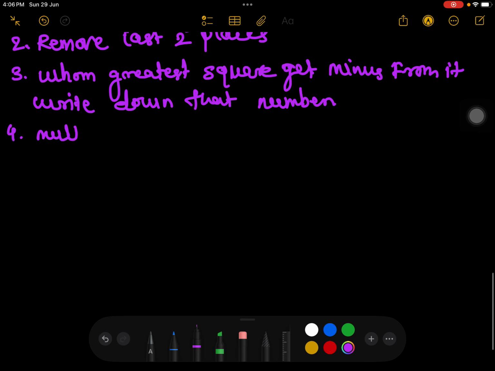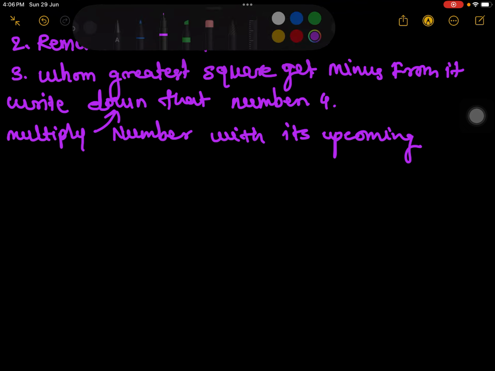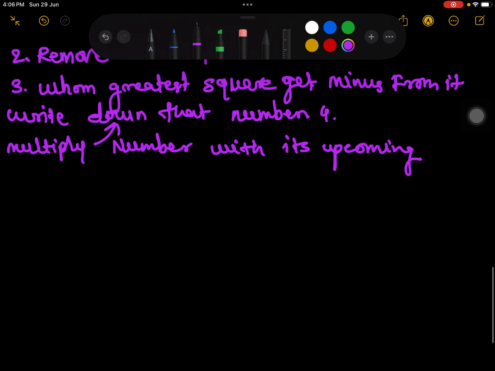Multiply this number with its upcoming number.